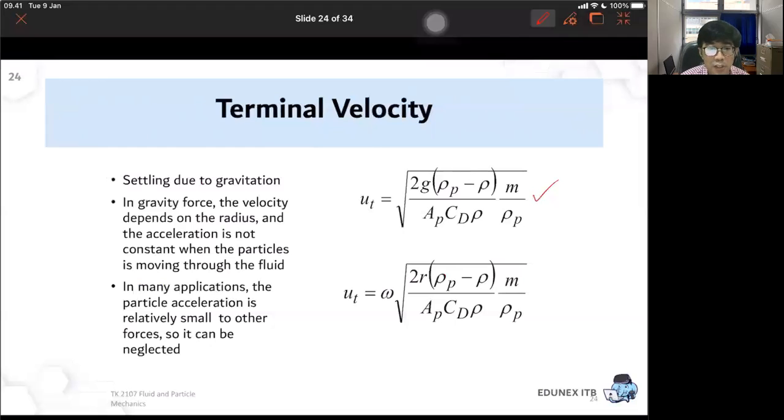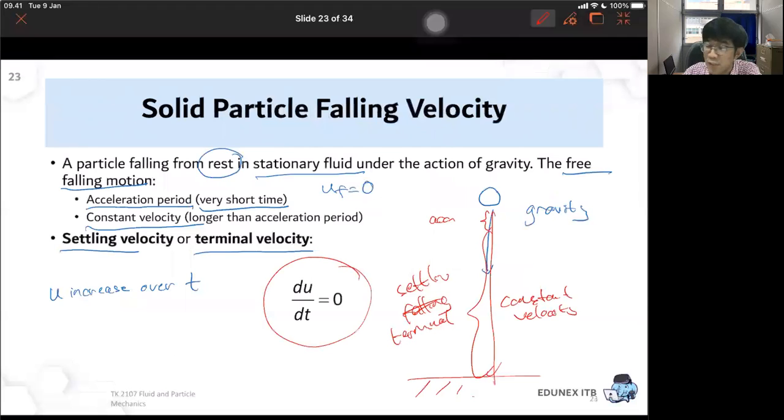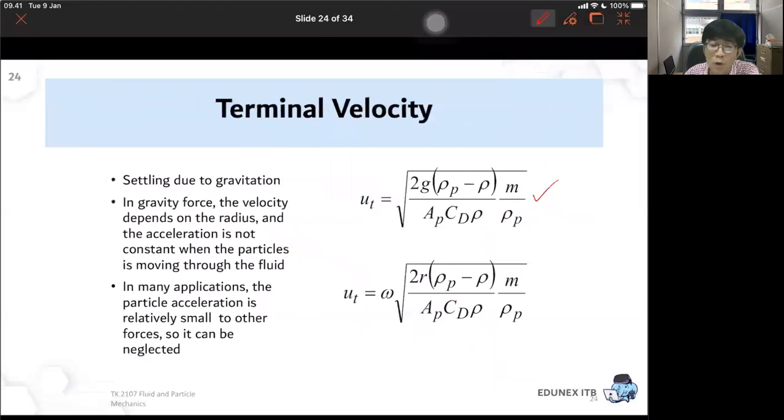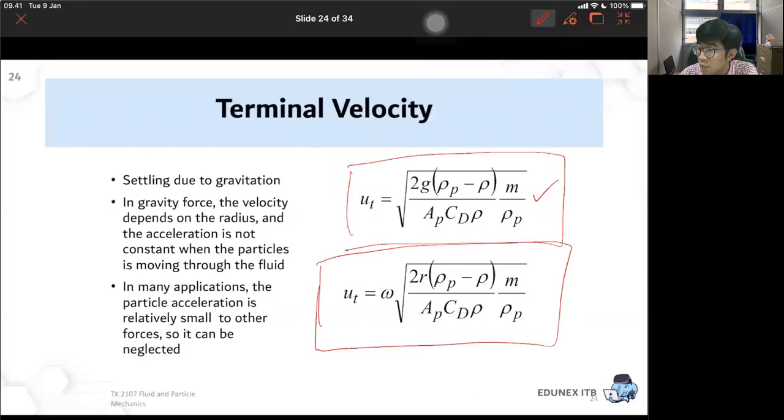But actually the acceleration period is very small compared to the constant velocity period, so it can be neglected, and then you can calculate the terminal velocity. This is the terminal velocity calculated by using the gravitational force, and the second one is the terminal velocity by using the centrifugal force. Please remember again, R is the pathway radius.